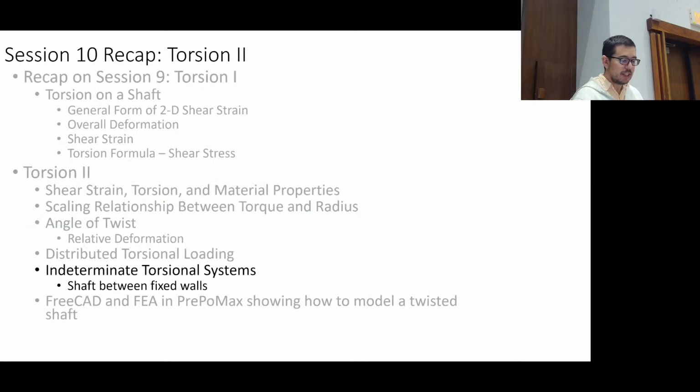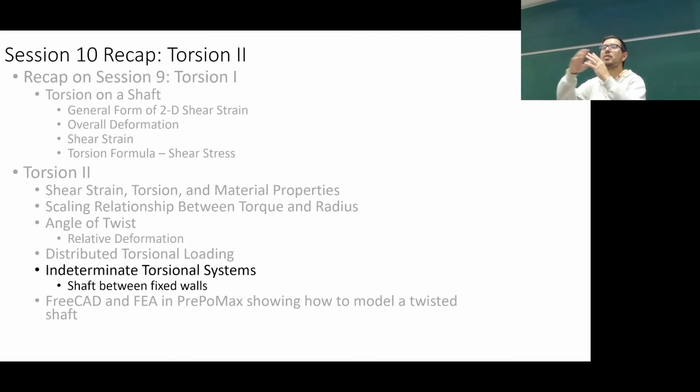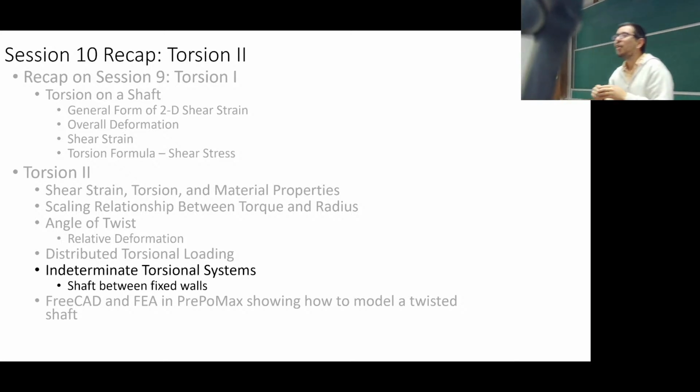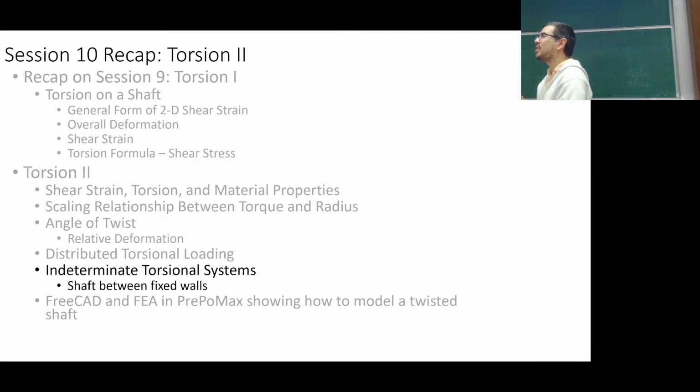Okay. What about indeterminate? So what is the definition of indeterminacy in statics? When we say we have an indeterminate static system, what does that mean? Yes. Okay, well that's what we often think of, that it looks like it's fixed between two walls. All right?